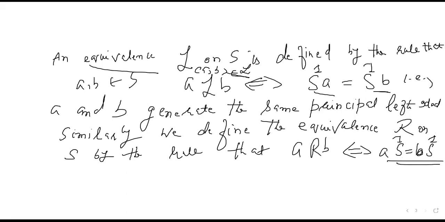So this is how we define two equivalences, one is L, the other is R. Two elements are L related if and only if they generate the same principal left ideal. Two elements are R related if and only if they generate the same principal right ideal.